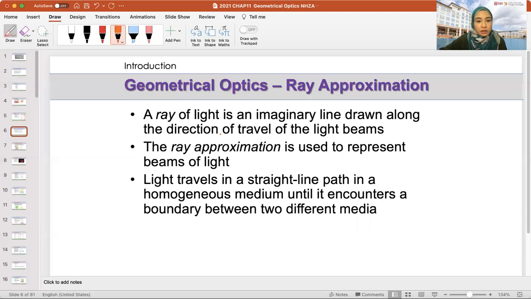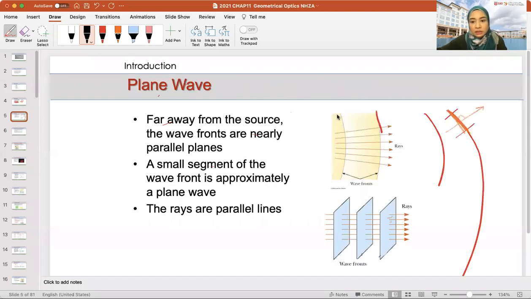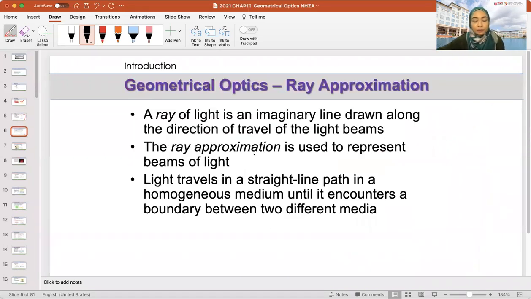A ray of light is an imaginary line drawn along the direction of travel of the light beams. We saw this. These are our imaginary lines indicating the direction of light. The ray approximation is used to represent the beams of light, and light travels in a straight line path in a homogeneous medium until it encounters a boundary.